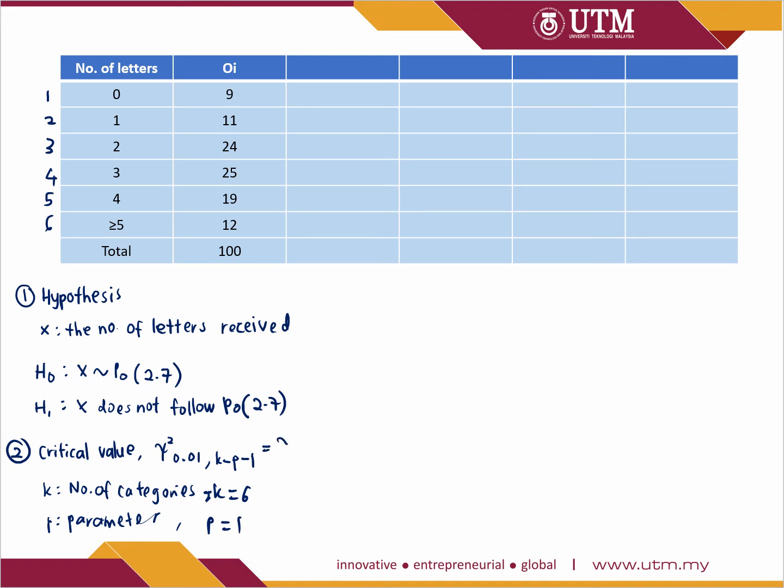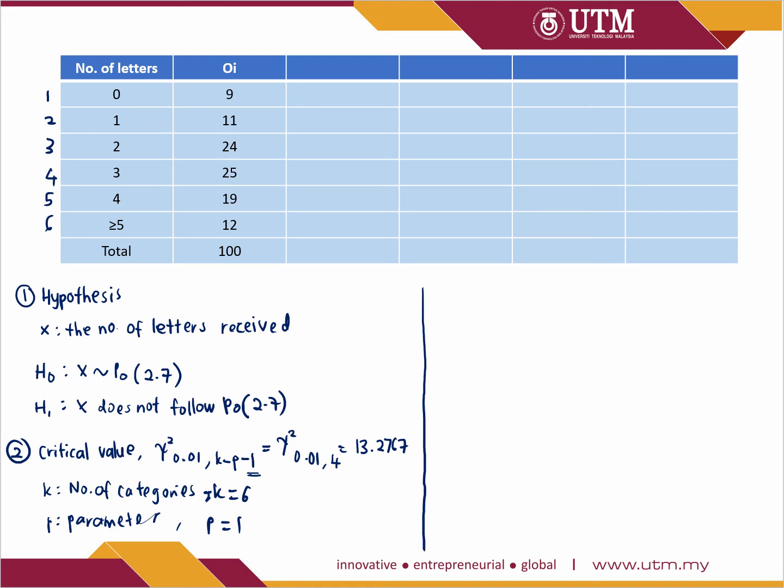So the critical value would be chi-square 0.01 with 6 minus 1 minus 1, which is 4, degrees of freedom. Here is our critical value, 13.2767.